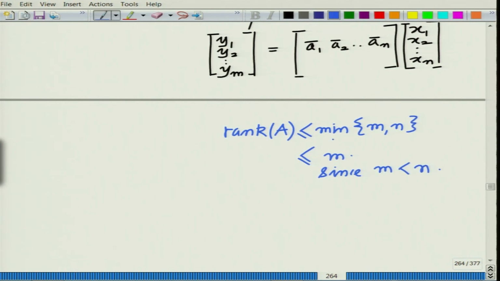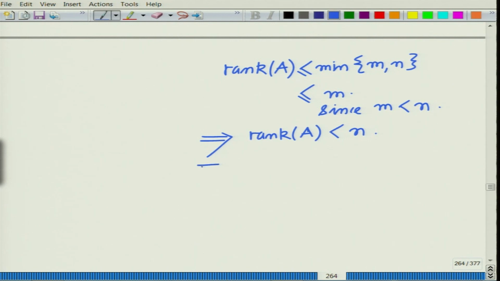So, rank is less than or equal to m, which implies the rank of A is less than n, right, which essentially implies that the rank of A is less than the number of columns, right.